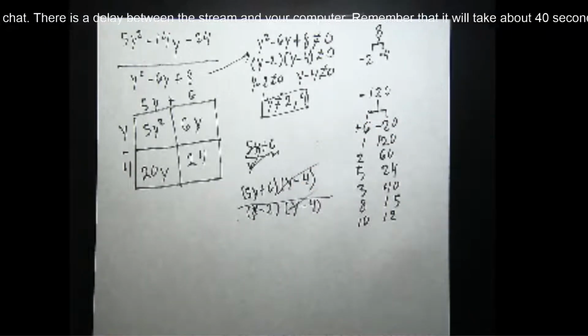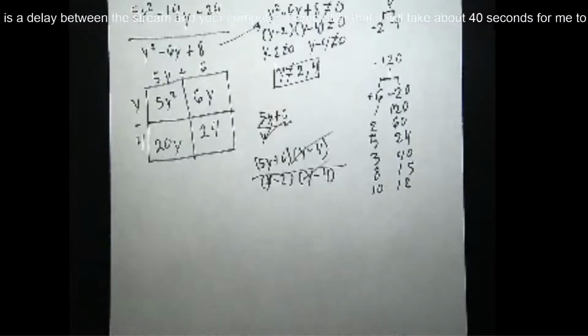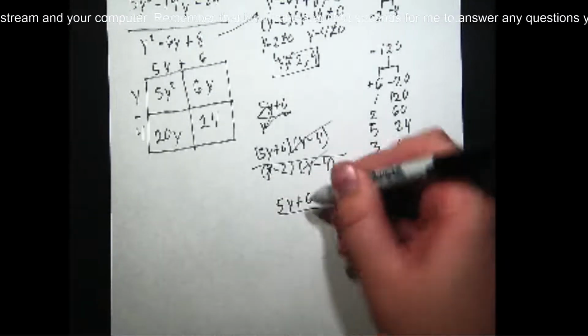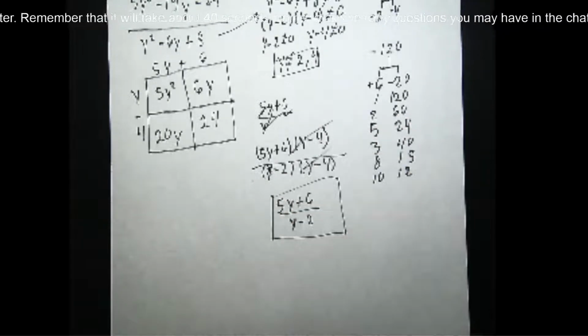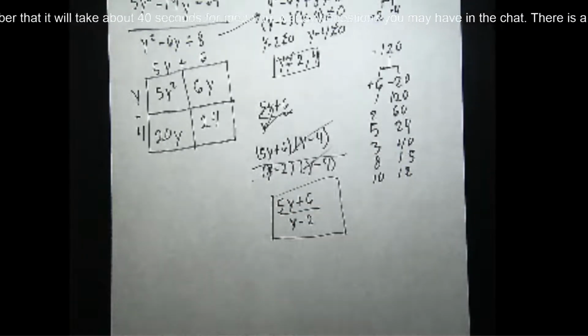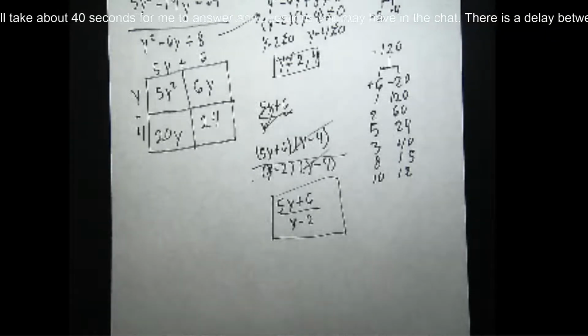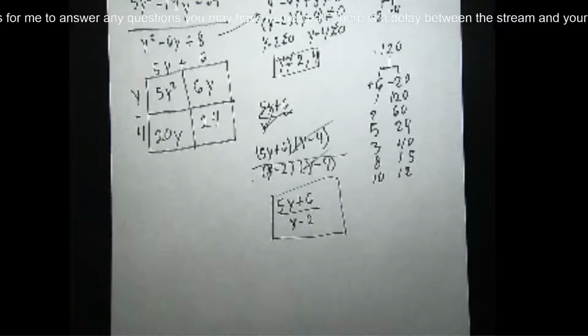We can cancel out the y minus 4's, and we get 5y plus 6 divided by y minus 2. And there's our simplified form. Any questions? Okay.